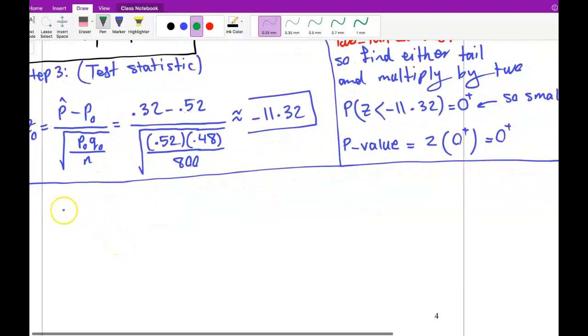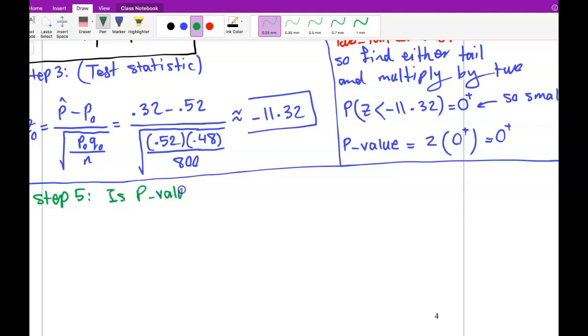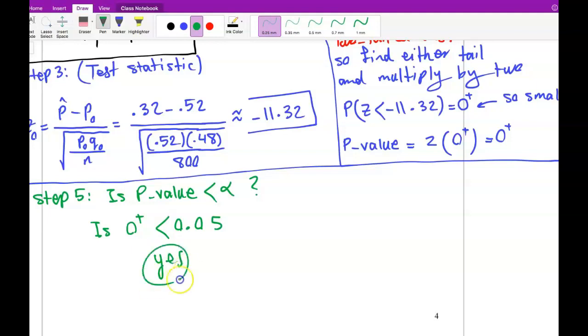Now step 5. Is the p-value less than alpha? So is this number less than 5%? Yes. Okay, so now the conclusion.